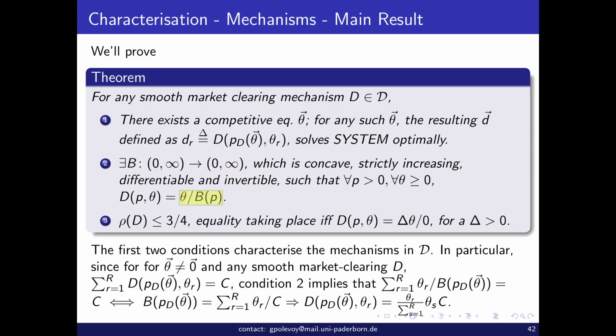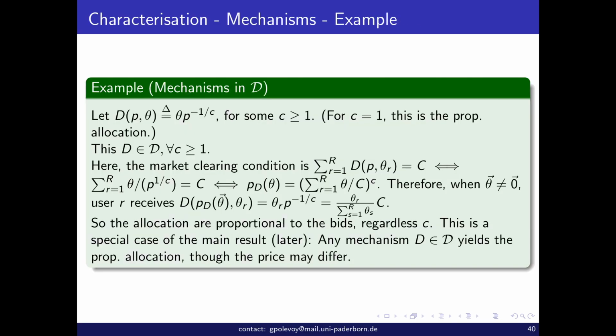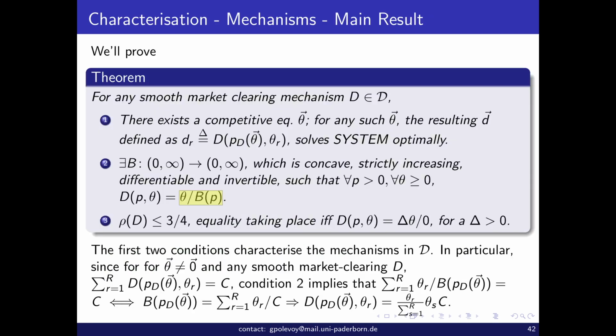So it's not that you always have, like in our case, theta divided by p, or like in the example we have seen, theta divided by p to the power of 1 over c, but there is always a function, a nice function from the positives to the positives, such that it's theta divided by this function. That's all you have.